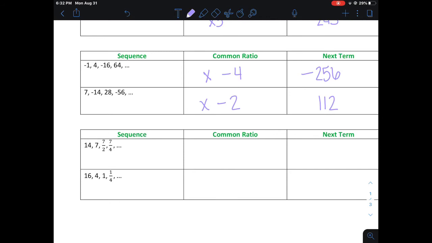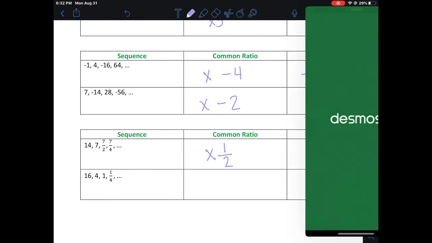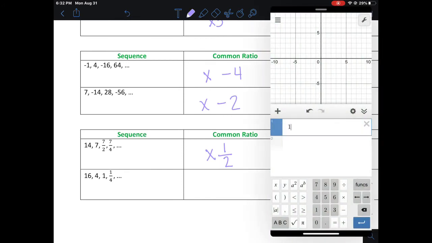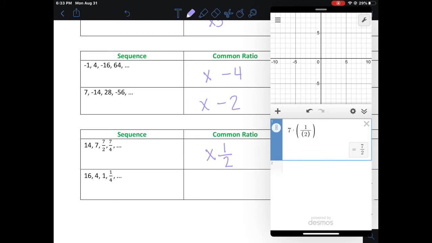So I need to have some kind of multiplication. Instead of dividing by 2, we're actually going to multiply by 1/2. 1/2 is the same as dividing by 2. Let's test this little theory out in case you don't believe me. 14 times 1/2, and I get 7. Then 7 times 1/2 gives me 3.5. Oh, but that's not a fraction. There we go, 7 halves.